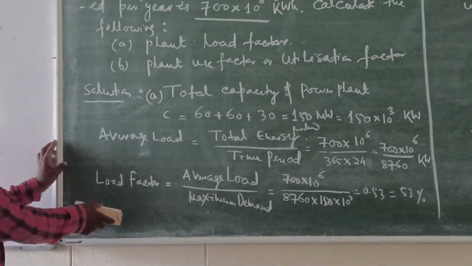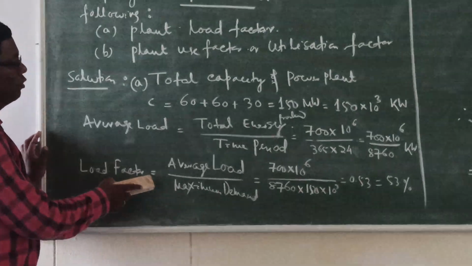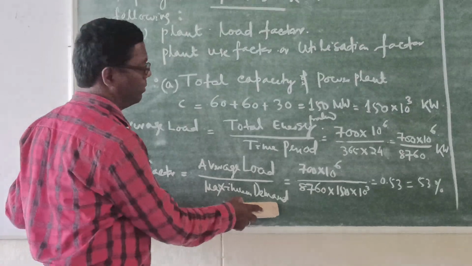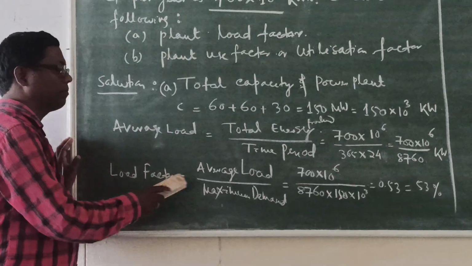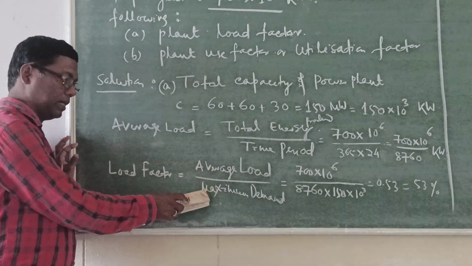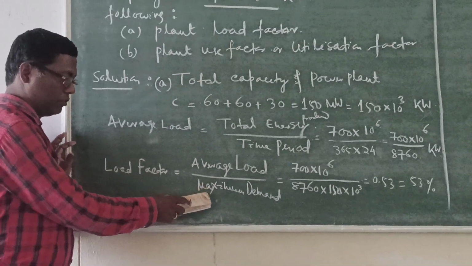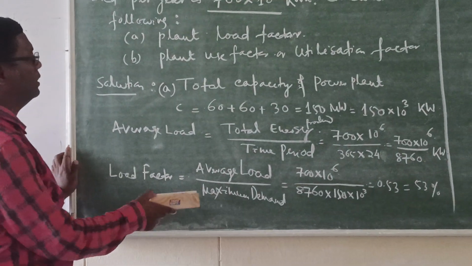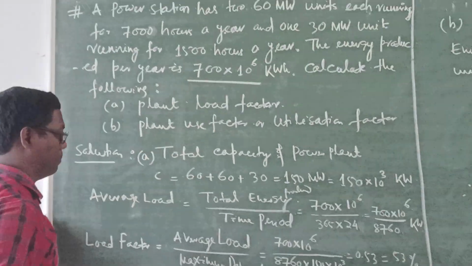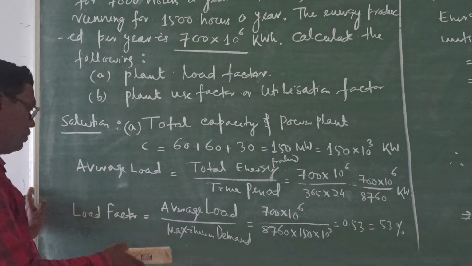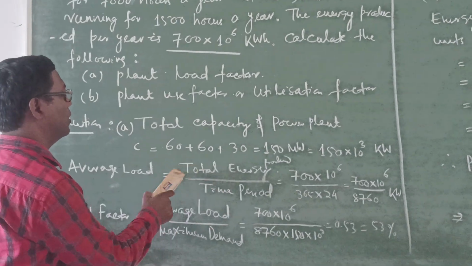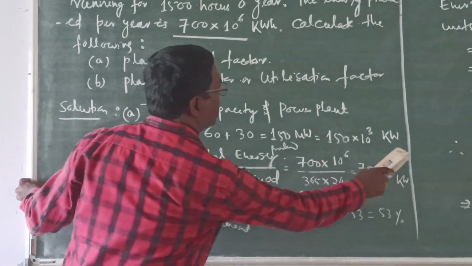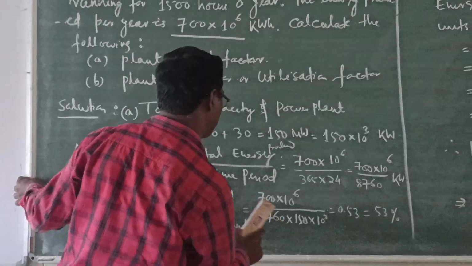Now we can find the load factor. How to find the load factor? Load factor is average load divided by maximum demand. Maximum demand means what? Maximum demand is the plant capacity. Average load we have already calculated, 700 into 10 to the 6 by 8760.